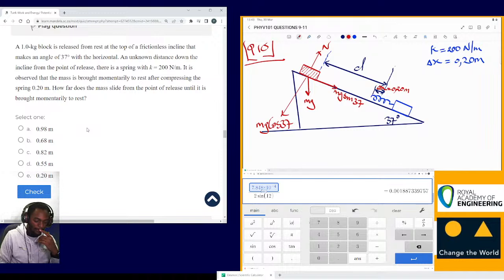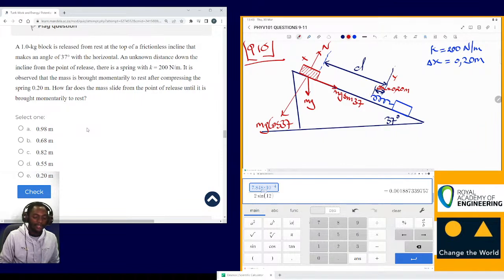The block, as it is sliding down, has some energy that it possesses. So there is going to be work done in moving that block from its starting position, X, until it reaches point Y.